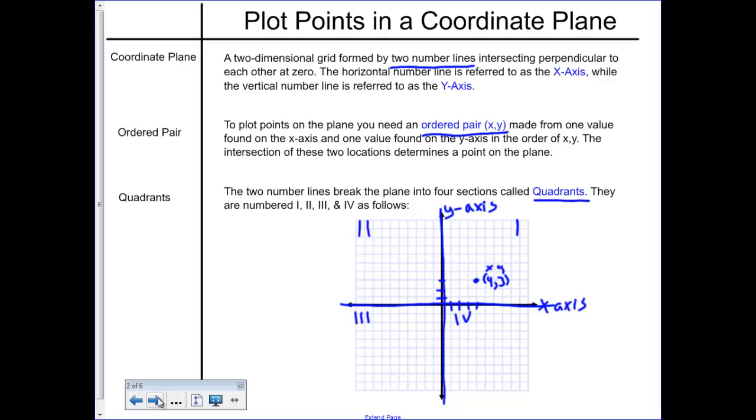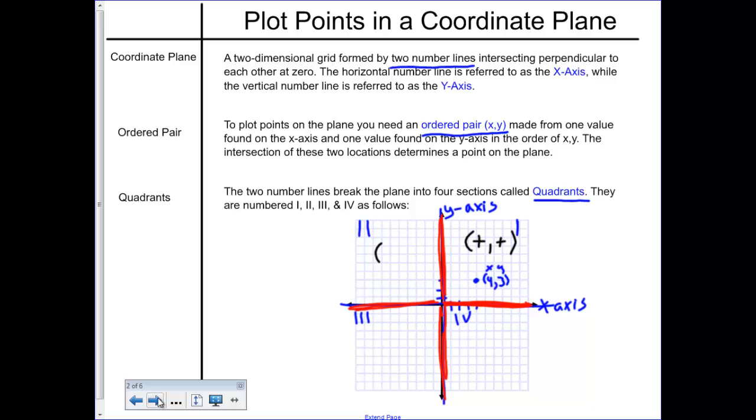One thing you want to know about the quadrants, or at least the points in them, is you have all positive values on the right hand side of the x-axis, and on the left hand side you have all negative. For y you have all positive up, and down you have all negatives. So what that means is in quadrant 1 you have a positive followed by a positive value for x and y.